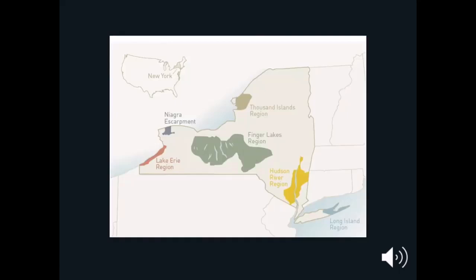This is a great simple map that shows you the dominant grape growing regions of New York. It's not an AVA map, although Long Island is an AVA, so is the Hudson River Valley, I should say, and the Finger Lakes. But all of those colored areas are where vineyards lie in New York.